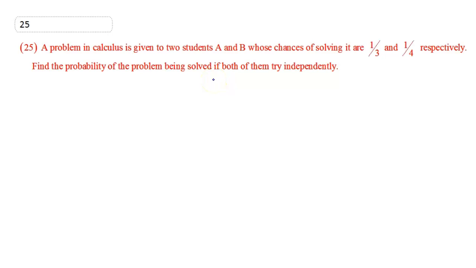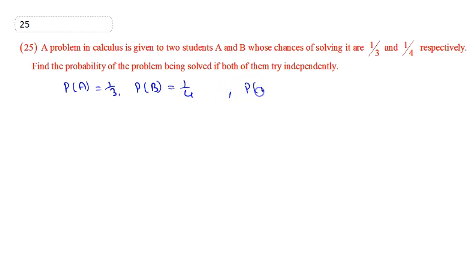That is the question. Okay, so here I am taking P of A possibility is given by 1 by 3 and P of B possibility is given by 1 by 4. Right? So here both of them try independently.